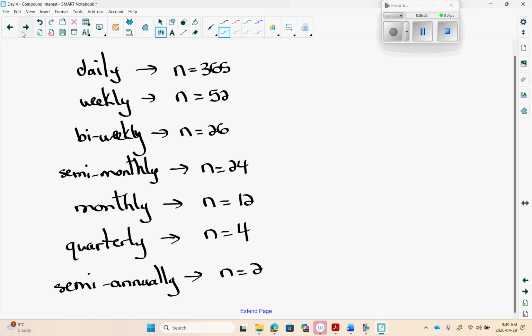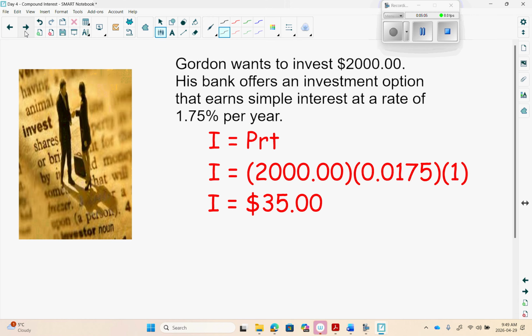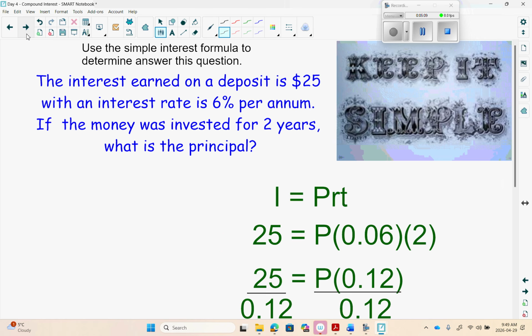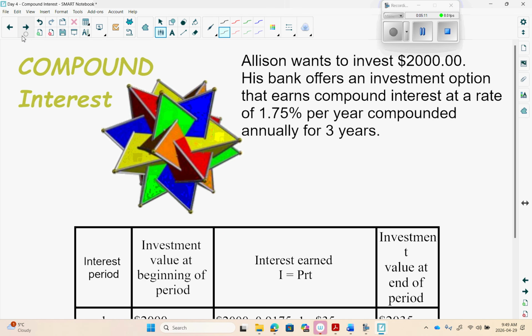Okay, so let's scroll right ahead to, these are the examples we did yesterday. Those are the answers to the sheet. Okay, this is called compound interest. Know that with compound interest, your interest actually earns interest.